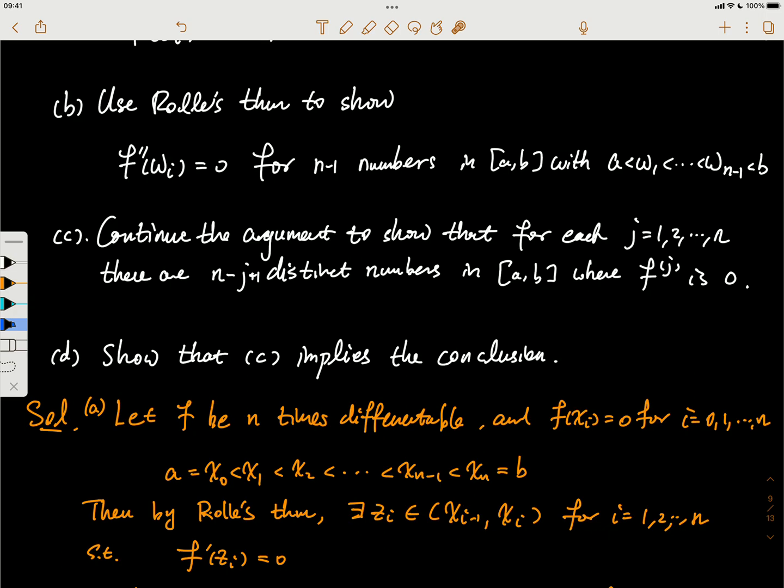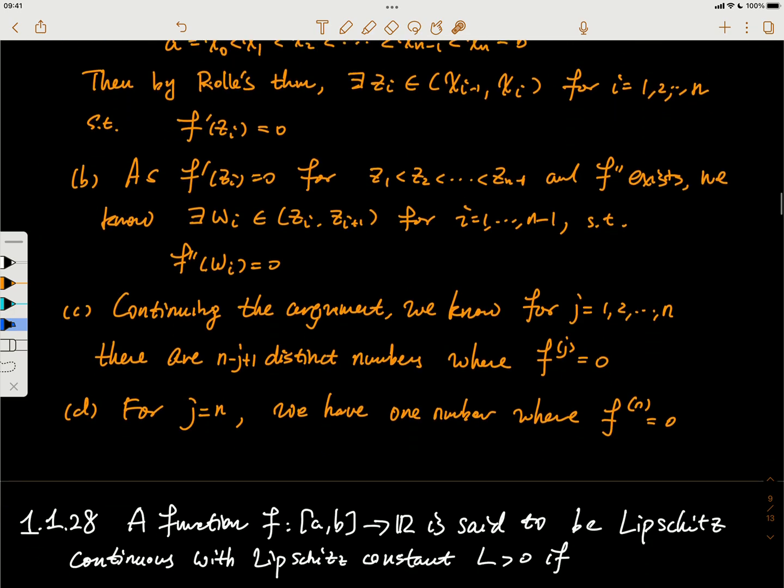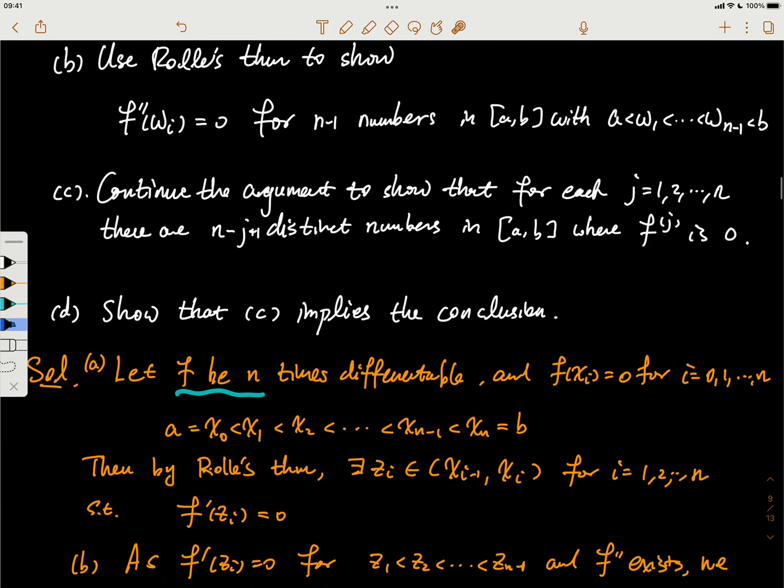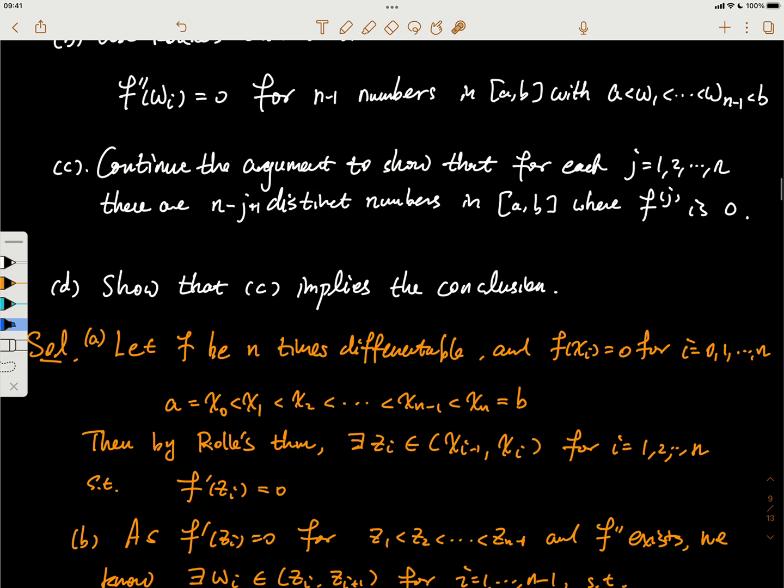In the general theorem, we say that f is n times differentiable, and for these points x0 through xn, consider them as sorted: x0, x1 through xn are distinct and sorted. x0 is called a, and xn is b, and we know the function f is 0 at those n plus 1 points, and f is n times differentiable.